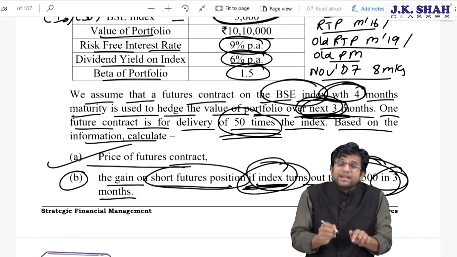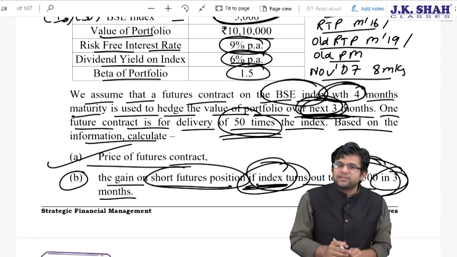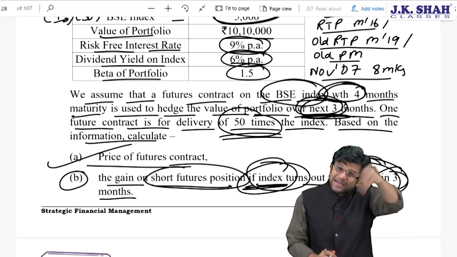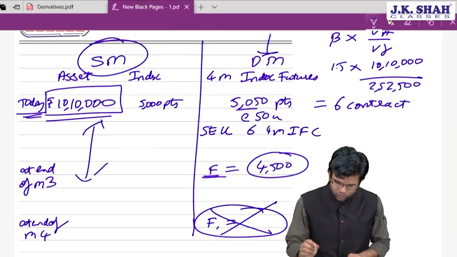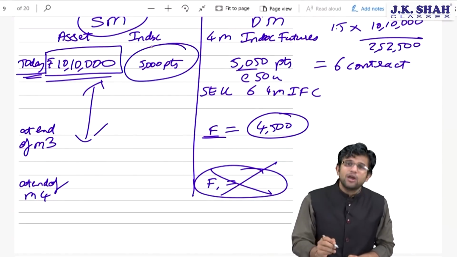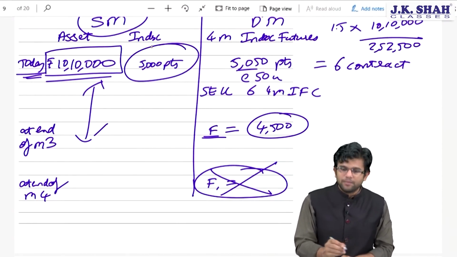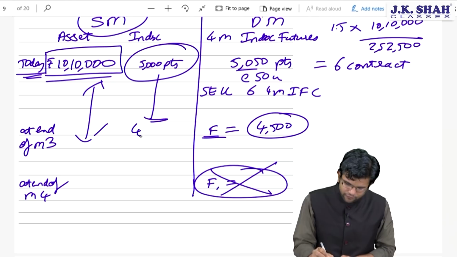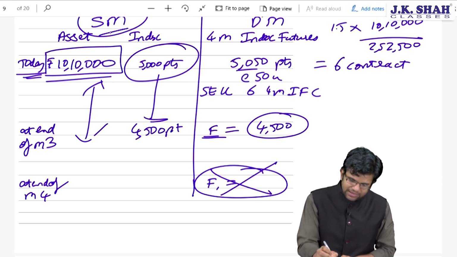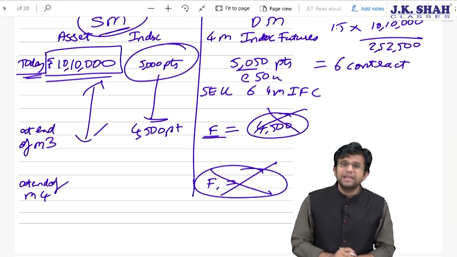They are not saying that the futures price is 4,500. No, the index is 4,500. Therefore, this index of 5,000 points in the spot market has now dropped to 4,500 points in the spot market.